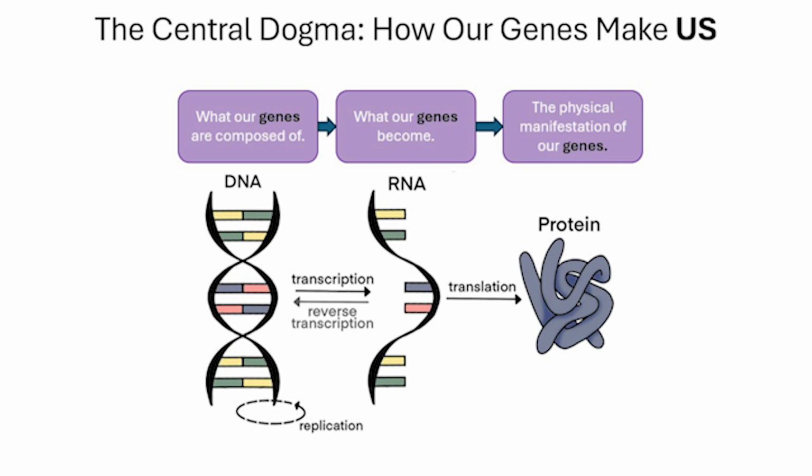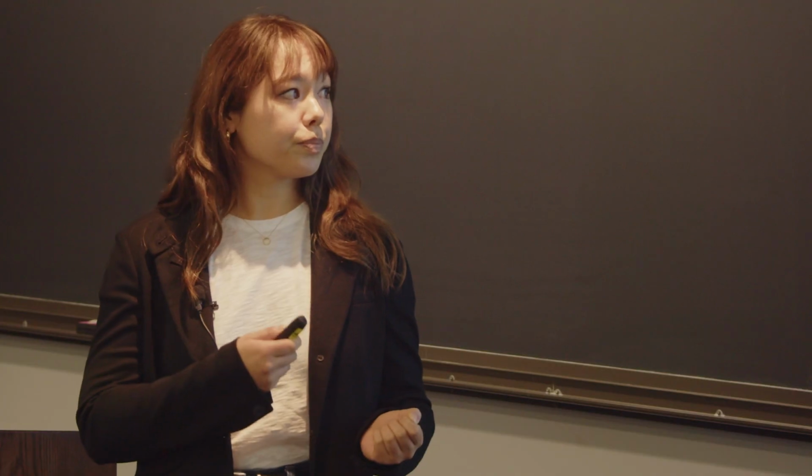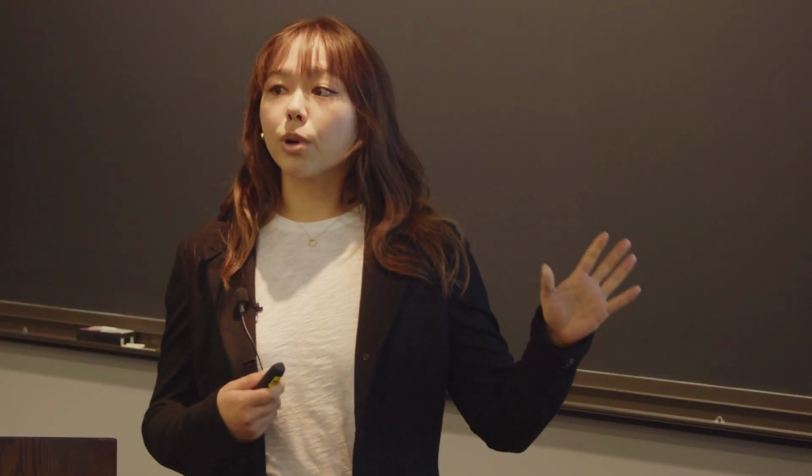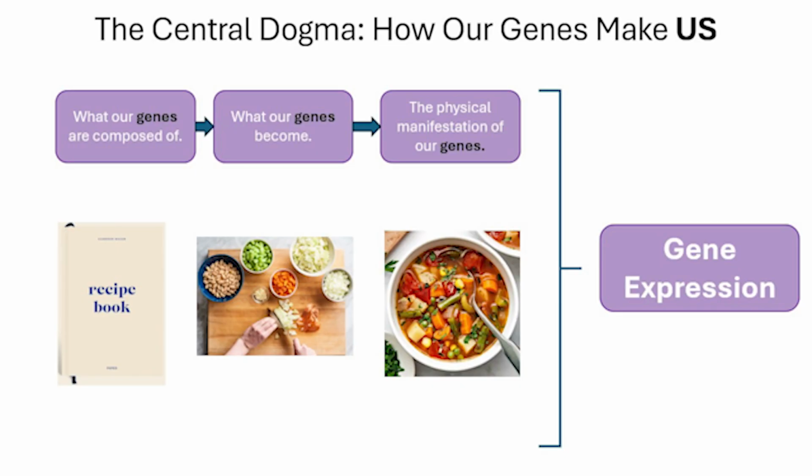It's our skin, it's our hair, everything in our cells is made up of different proteins. And this total process is called gene expression. You can think of gene expression like this: DNA is like a recipe book, RNA is like the mise en place, or the ingredients that make up a dish, and finally the proteins are the final meal.